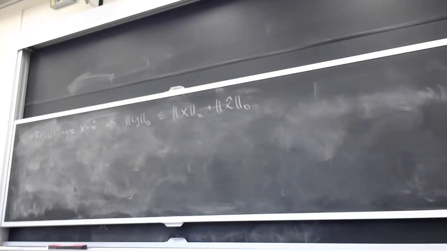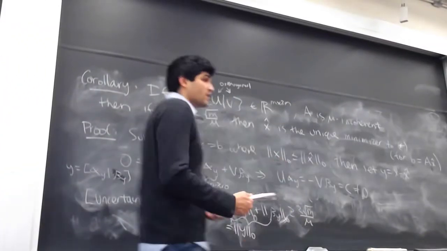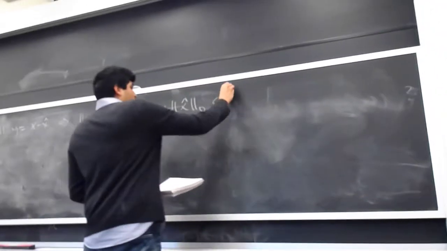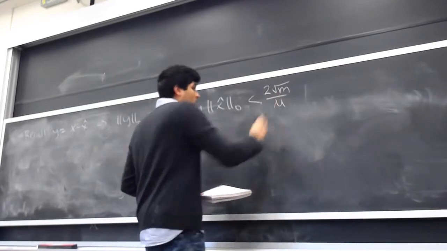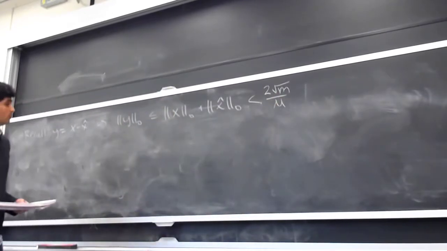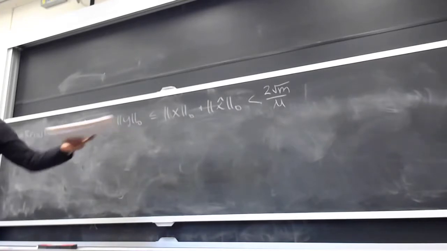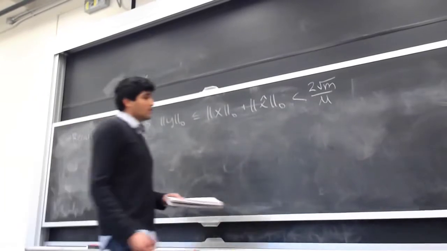And we're also assuming, for the purpose of contradiction, that there is a solution which is at least as sparse. So all of this, at the end of the day, tells us that we have an upper bound, that it's strictly less than 2 root m over mu, but we also have this lower bound of y0 via the uncertainty principle. And that gives us our contradiction.